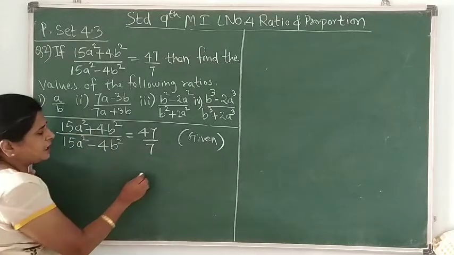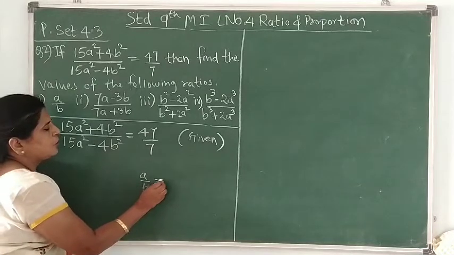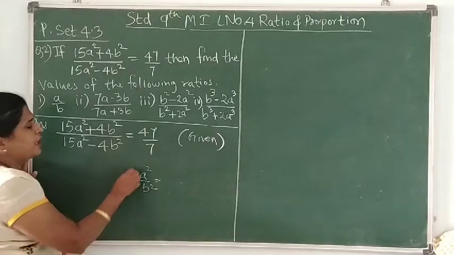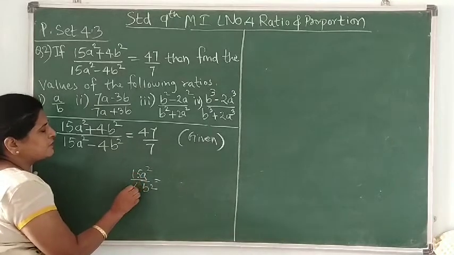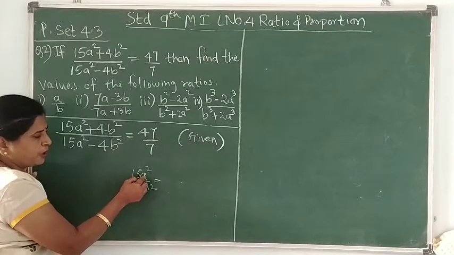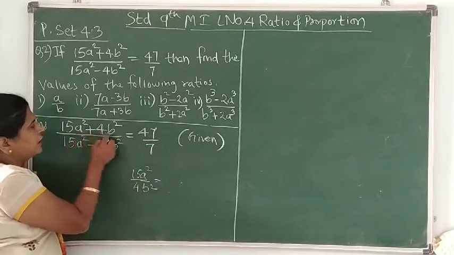So we can see that if a upon b is equal to some ratio, then we can square this in the last sum, and then if it is 15 and this is multiplied by 4, then we can get this, and doing componendo and dividendo on this we can get this.